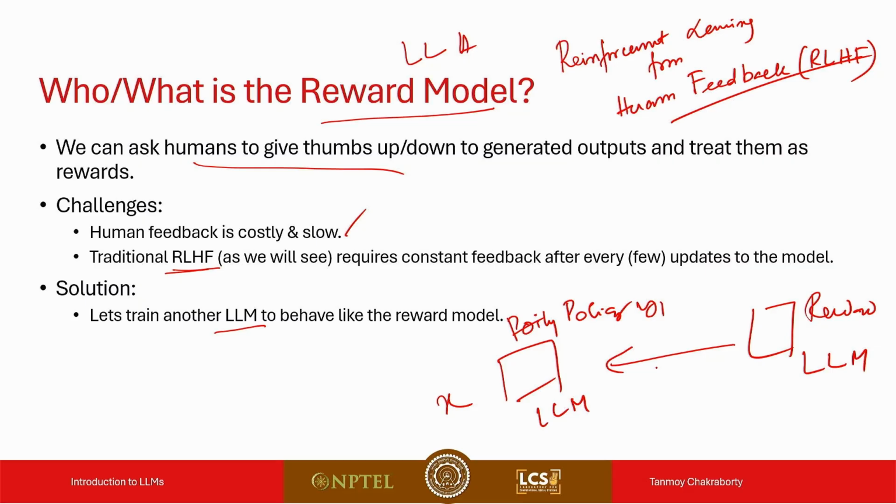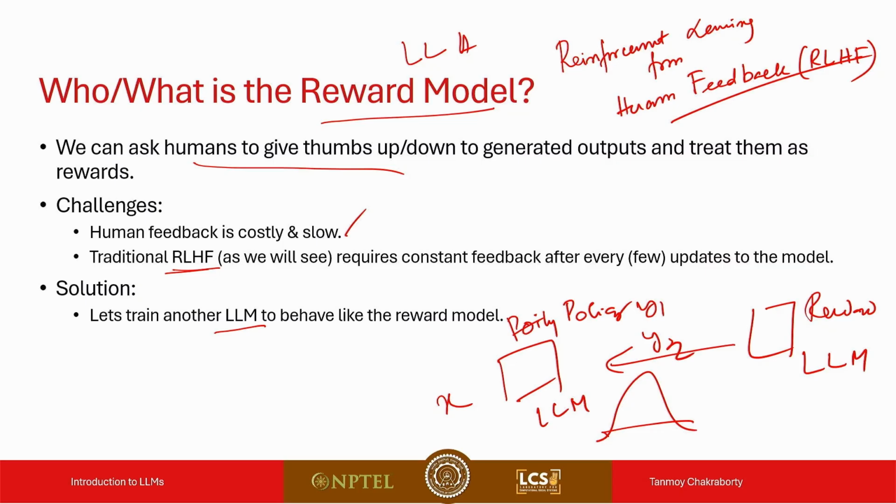Remember, policy model is a probability distribution, right? It can generate ideally infinite number of responses that you can think of. Let's say the policy model returns Y1 in one iteration, Y2 in another iteration, for the same prompt. It can be possible because LLM is a stochastic, probabilistic process.